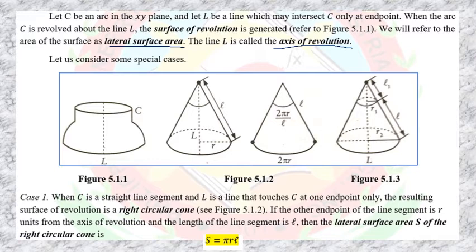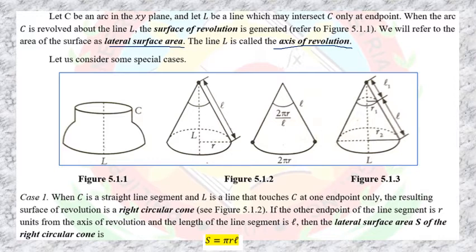So in figure 5.2, this line is the arc C, which is the straight line segment, and this dashed line is our line L. If one endpoint of the arc C touches here and we rotate it around line L, the surface of revolution we form is a right circular cone.